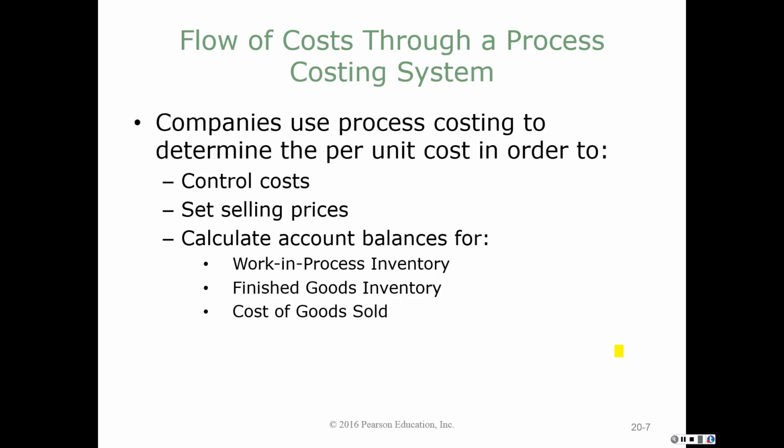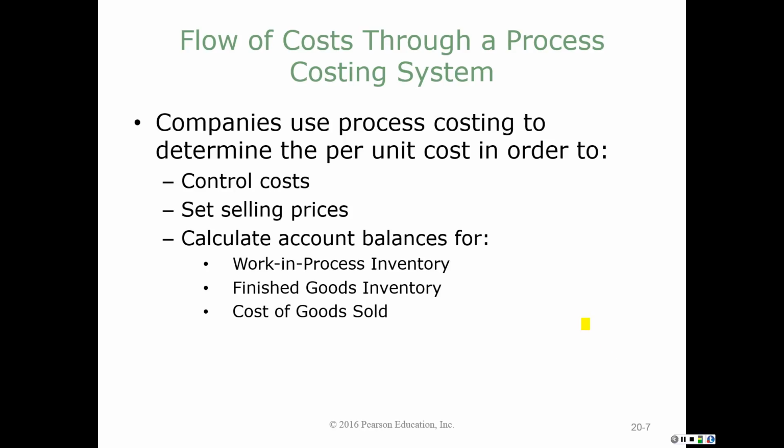Okay, so if a product is costing us more than we thought it should have cost us, do we know if our inefficiencies are in the mixing, the bottling, or the packaging process? So this will help us to track those costs.